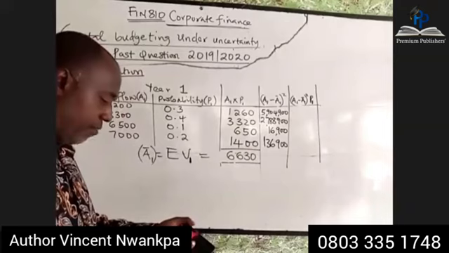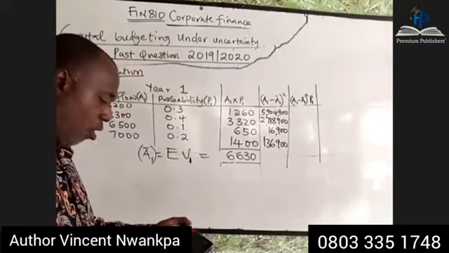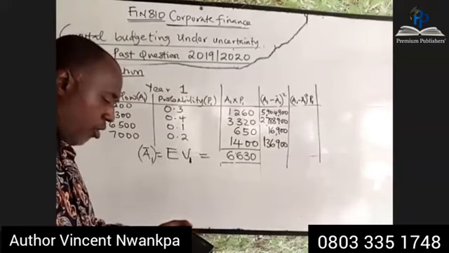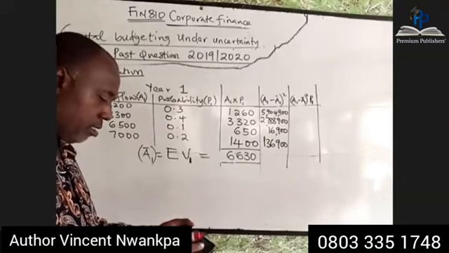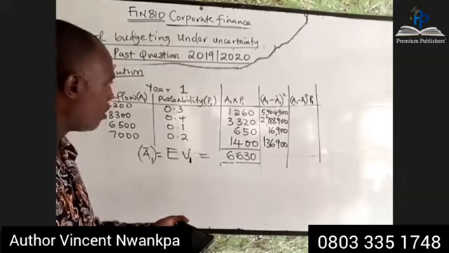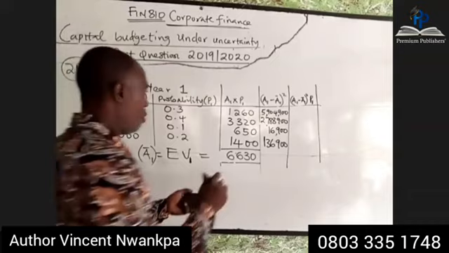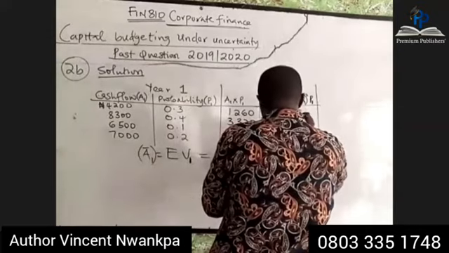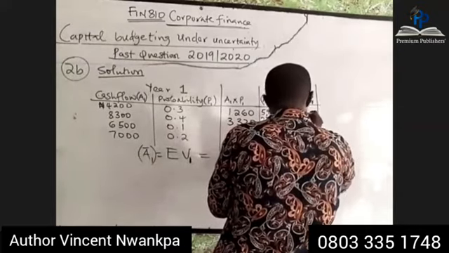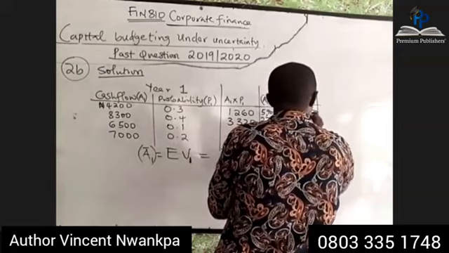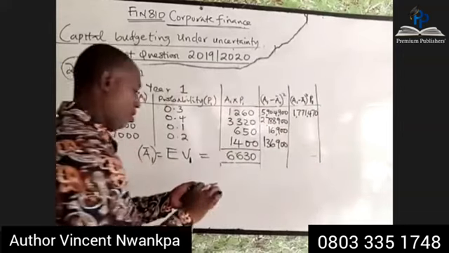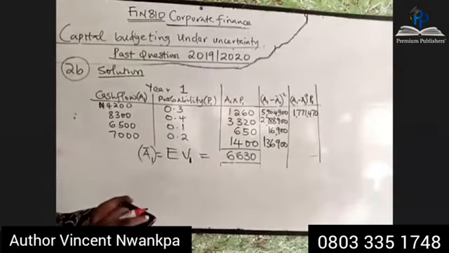Okay, 5,904,900 times 0.3, so what do we have? 1,771,470. Good. The next one you multiply by probability also.